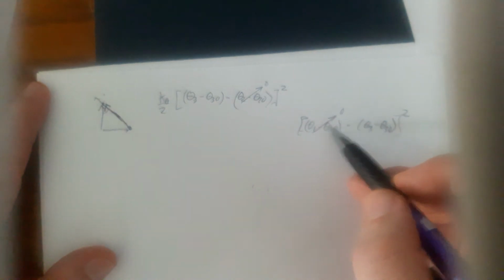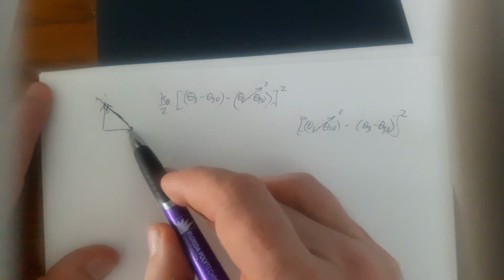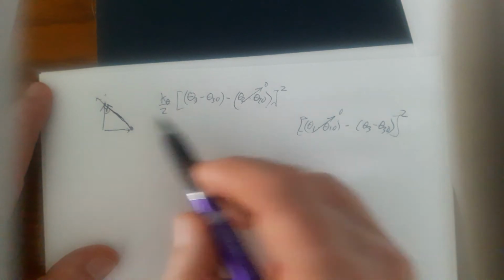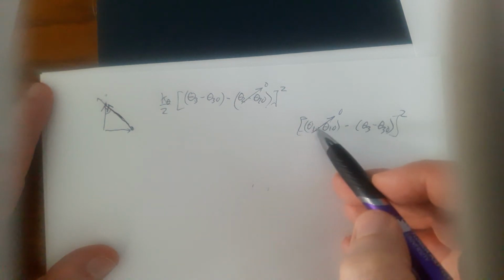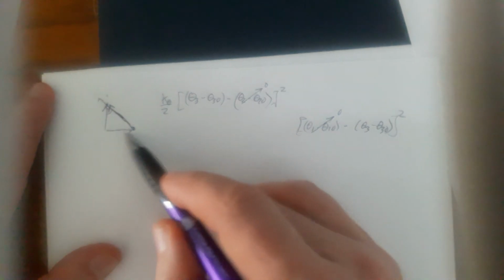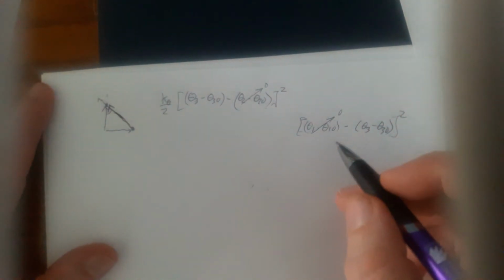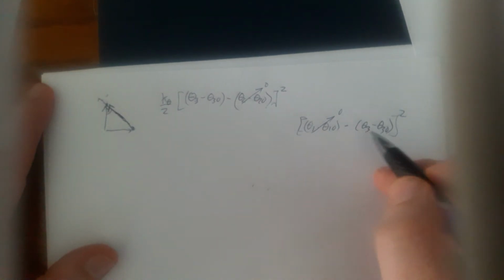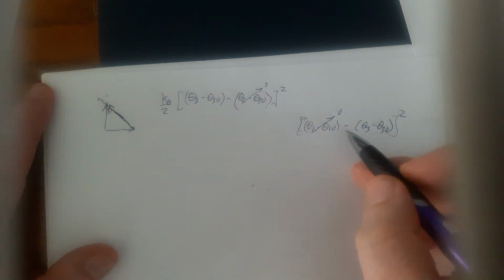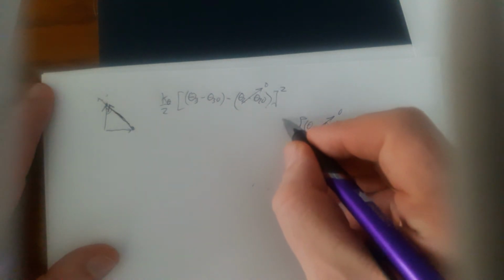And the same for if I do this corner right here, I'm going to have theta 1 minus theta 1 naught. And those are always going to stay the same because the angle of this vector never changes. What that gives me then is, once again, an expression that looks like this that's squared for my potential energy.